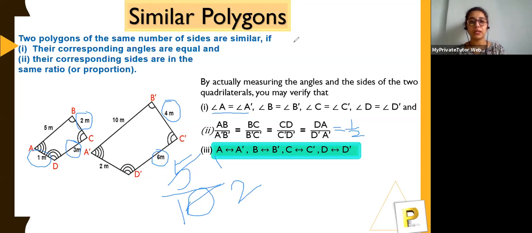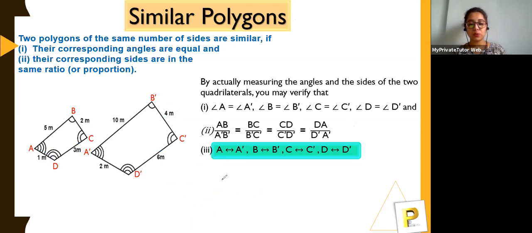I hope you are clear with this part. What are similar polygons? I'll tell you this part now. What does A correspond to? Angle A corresponds to angle A dash.